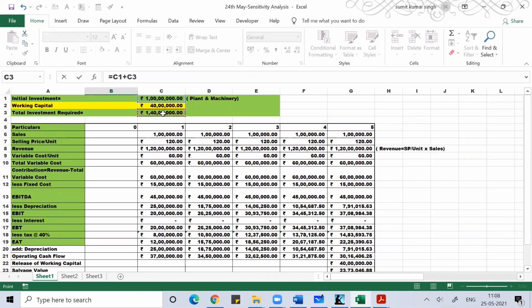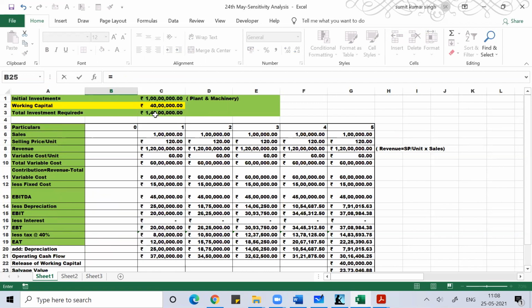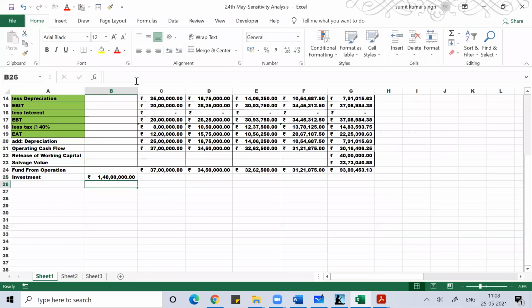Exactly as written, 140 lakh. Let me fix this cell. Okay, and then your cutoff rate, WACC, 12%.